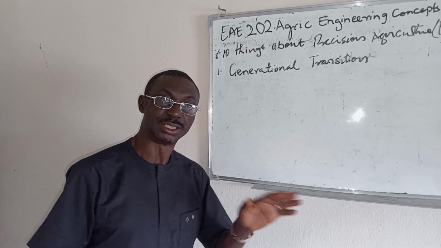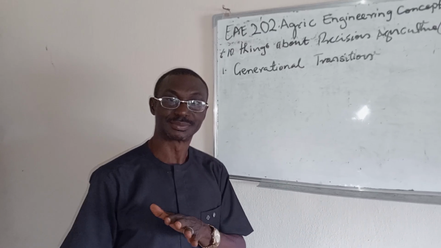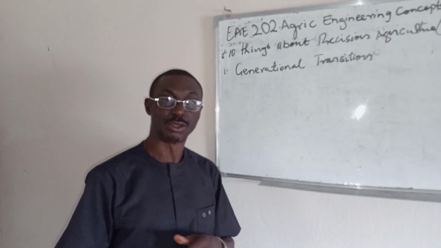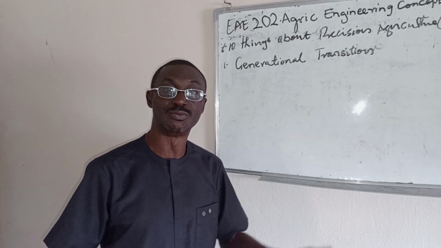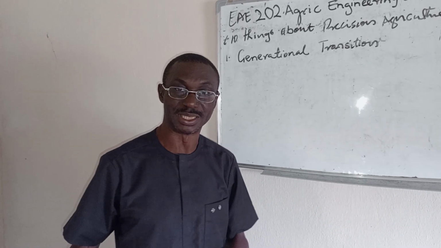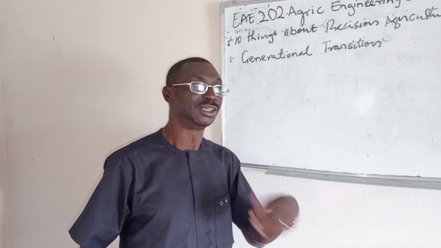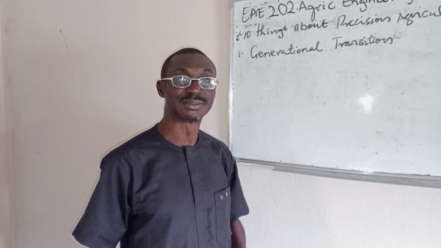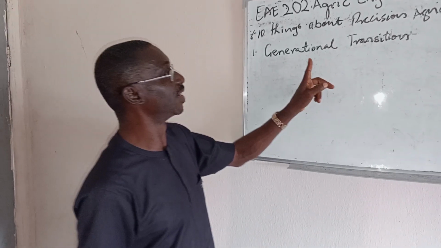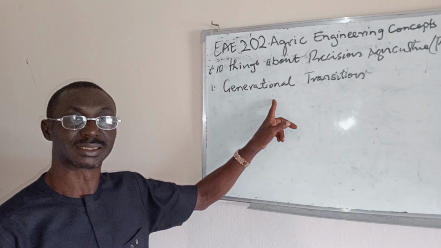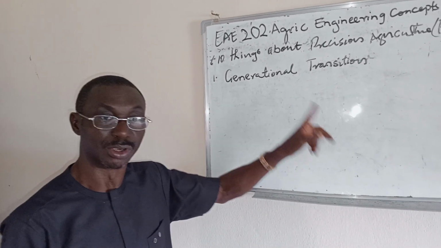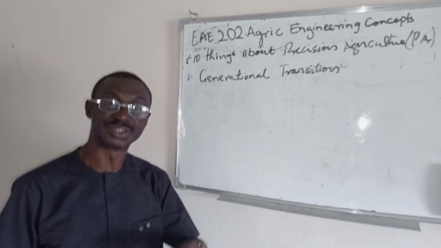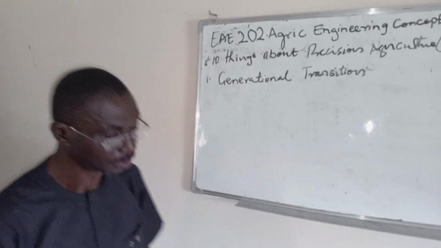Because of that, there should be a transformation. There should be transition from one stage to the other for improvement. Improvement in the transition brings improvement, and not still the old way it is being done. So it's very, very important. As it is going on every day, there must be transition from one level of it to the other.